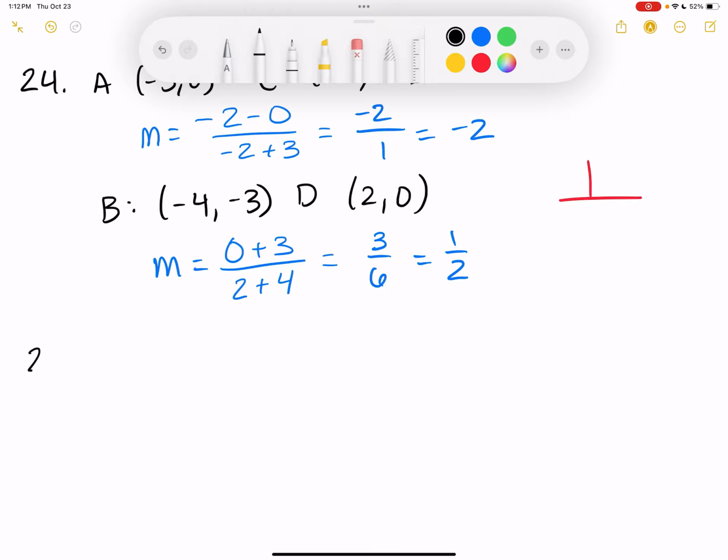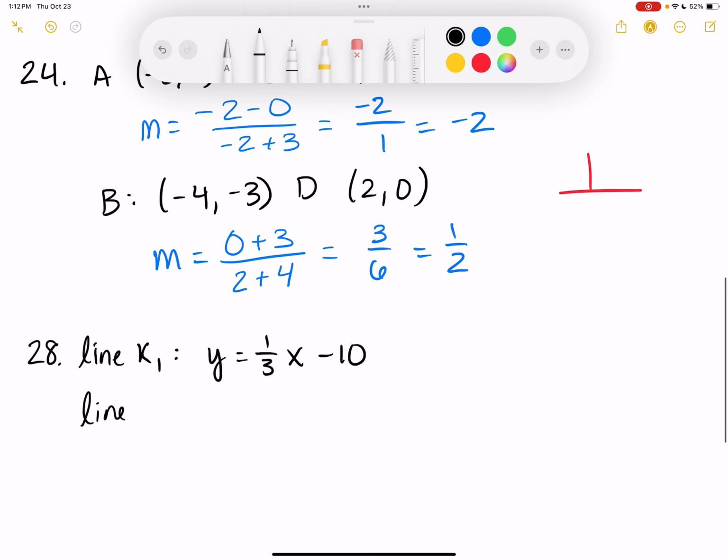So let's do 28. Line K1 is y equals 1/3 x minus 10. Line K2 is y equals 3x. So what is the slope of the first line? 1 over 3, or 1/3.